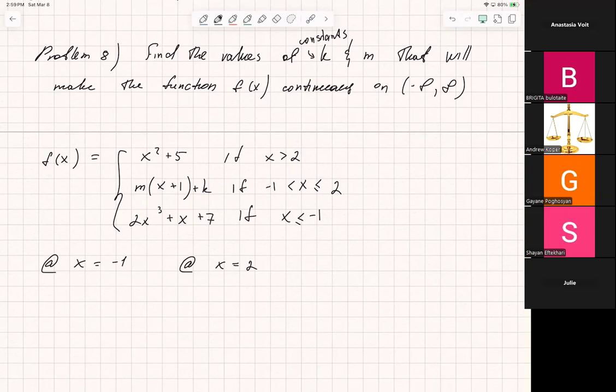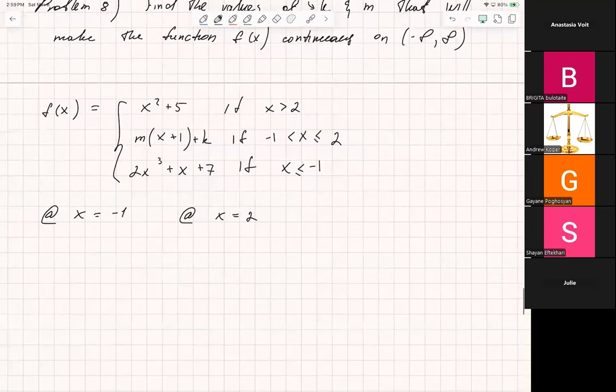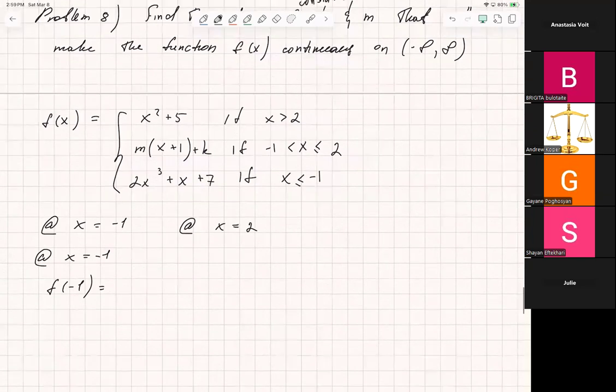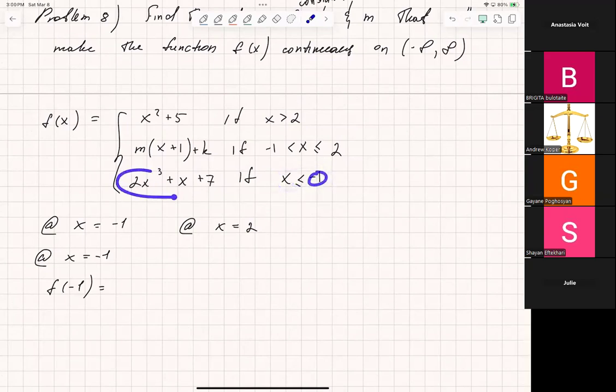Okay. So first let's start with -1. At x equals -1, what is f of -1? We're using 2x cubed plus x plus 7.